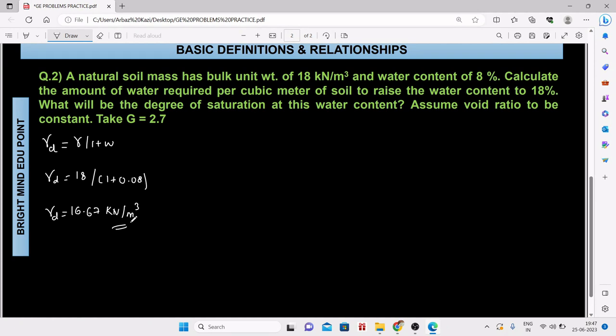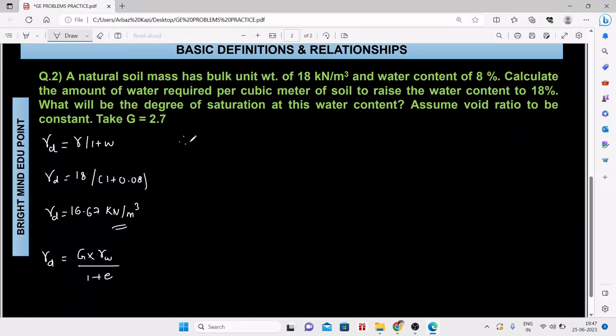Now once we have found out the dry unit weight, we'll also find out the value of void ratio, because that will be required for calculating the degree of saturation. So we know gamma d is equal to G into gamma w upon 1 plus e. We'll again assume the value of gamma w as 9.81.